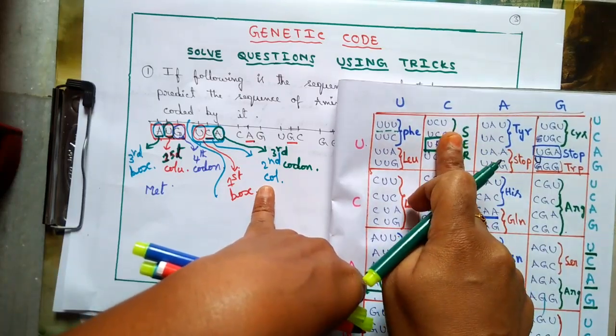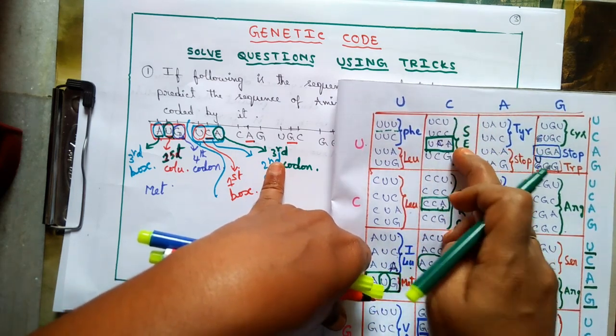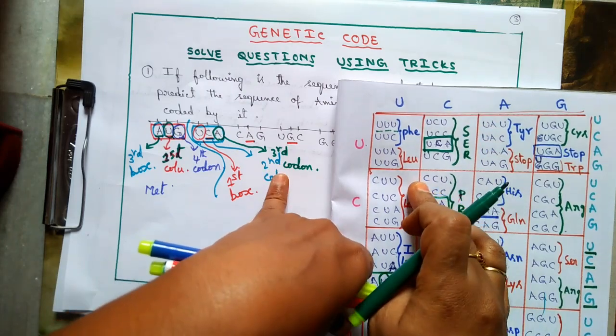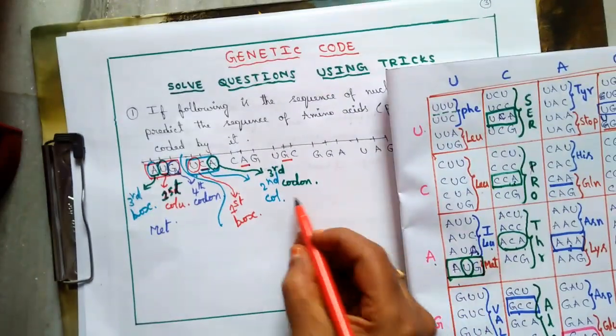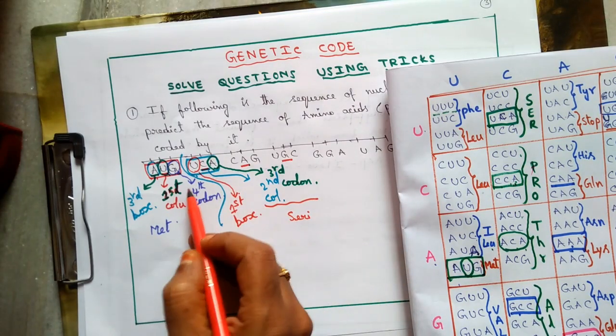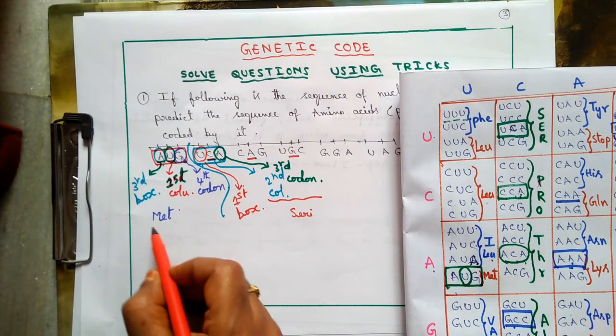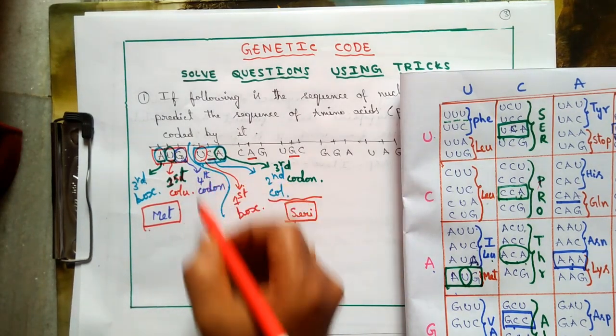First box. And then which codon? Third codon, 1, 2, 3, 4. So it codes for what? Serine. All the 4 codons in this box code for serine. Okay, so like this we translated this one also.